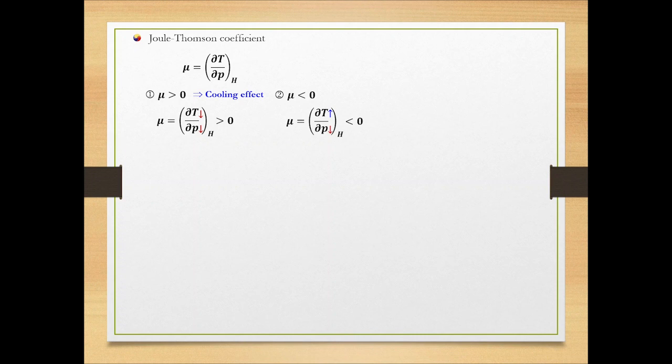This causes the Joule-Thomson coefficient to be negative, and it is called heating effect. The sign of the coefficient of real gases depends on the identity of the gas, the pressure, the relative magnitude of the attractive and repulsive intermolecular forces, and the temperature.